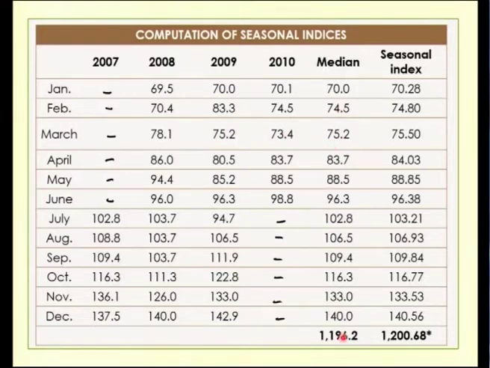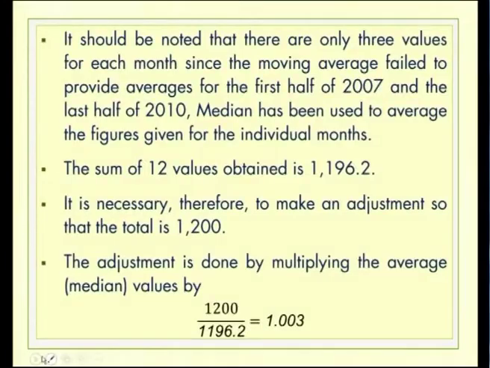Likewise, the medians are calculated. The sum of the 12 values obtained is 1196.2, which is less than 1200. It is therefore necessary to make an adjustment so that the total is 1200.